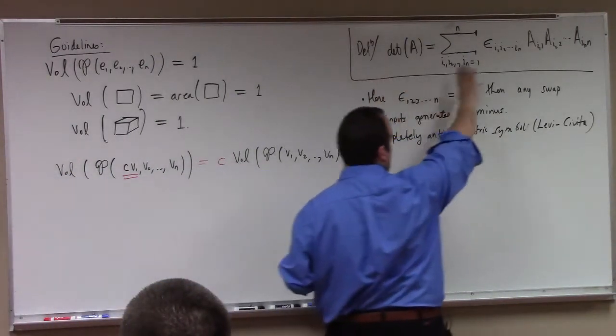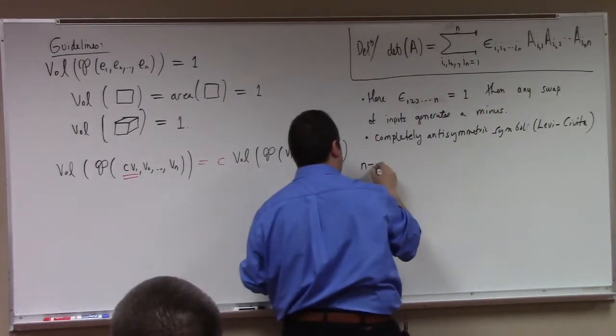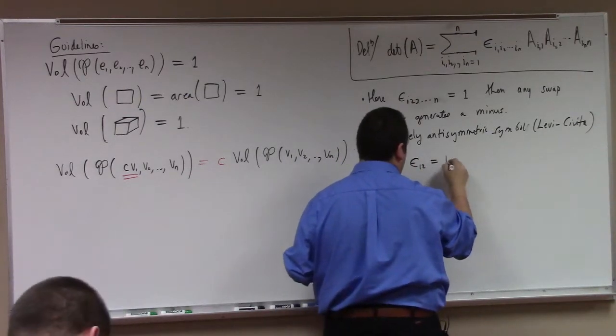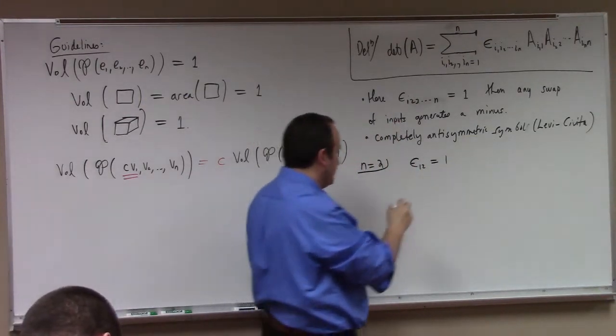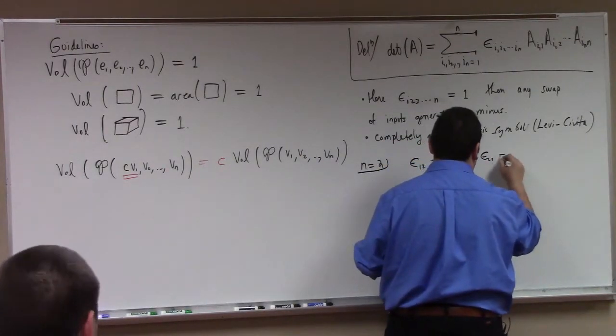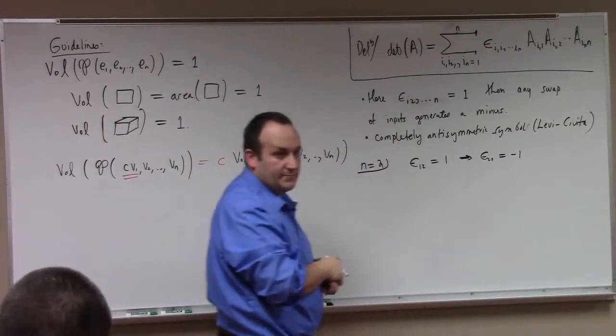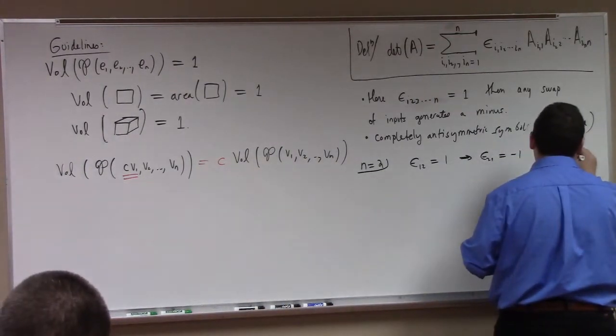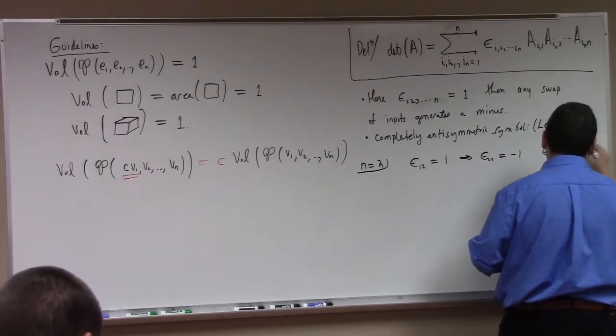Let me give you what it looks like at n equals 2. We have epsilon 1,2 equals 1. We have epsilon 2,1 is minus 1. Now, epsilon 1,1 equals epsilon 2,2, and those are 0.